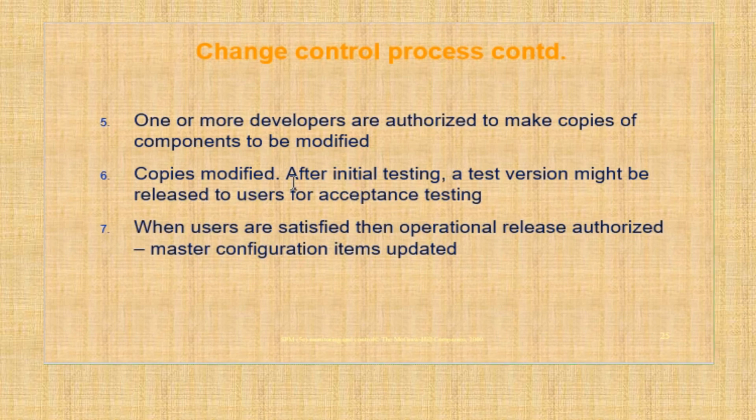It is delivered to the customer to be assessed, and after the assessment this may be reflected as a complete change, but they still maintain the previous, original copy. The last step of this process is that when the users are satisfied, only then is the configuration authorized to be updated.